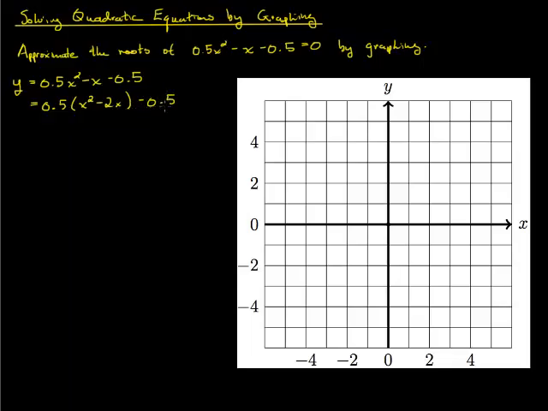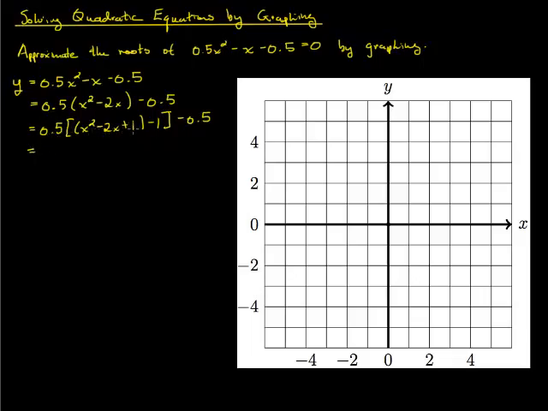We leave the constant term outside of the bracket. The next step is to take half of minus 2 and square that, and then we're going to add it and subtract it to produce a perfect square trinomial. So we'll have 0.5 times [x squared minus 2x plus 1] minus 1, minus 0.5.